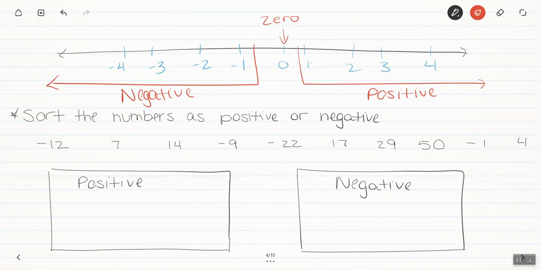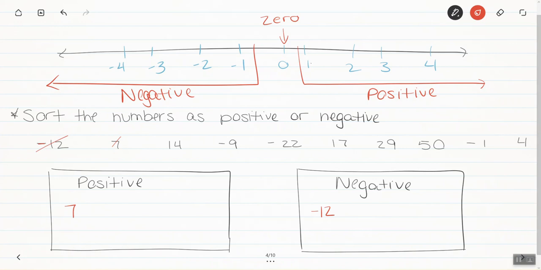So let's talk about these numbers and sort them as to positive or negative. So this little sign in front of this 12 is telling me that that is a -12. So -12 will go here. And because 7 doesn't have a sign on it, I'm going to assume that it is positive. So 7 is our first positive number.